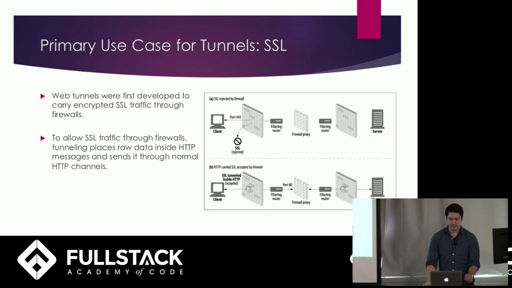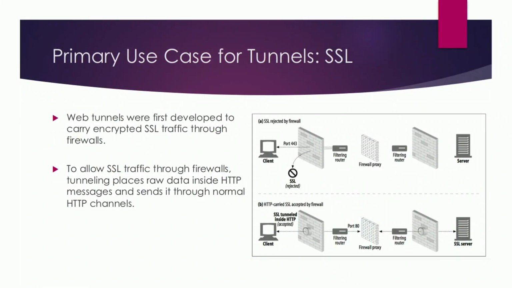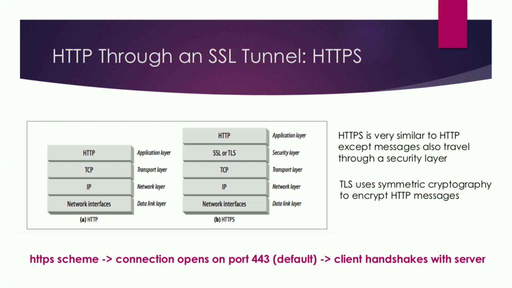Okay, so here I just talk about how a web firewall that only allows web traffic through will stop SSL unless it's traveling across an HTTP protocol. Similarly, this slide is just about, okay, so I guess what I should explain further is that before SSL can travel across HTTP, it needs to perform something called a client handshake with the server, where the client and the server are essentially just agreeing on a way to encrypt the data.